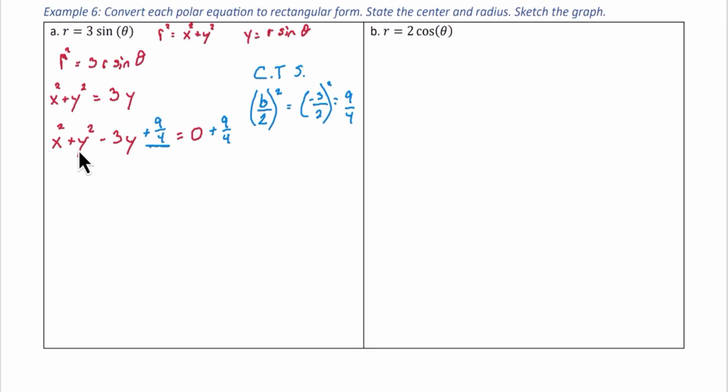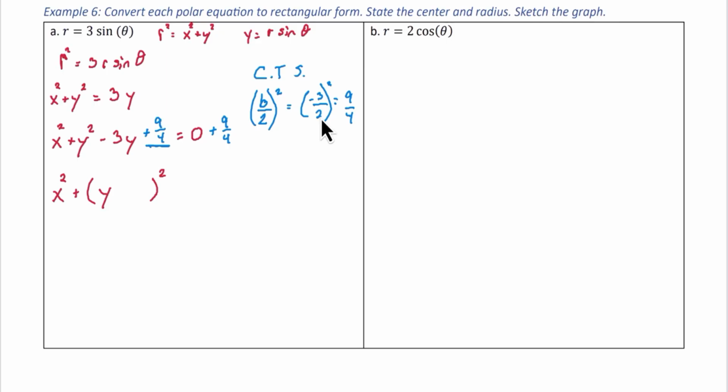So we now have a perfect square trinomial on the y's. X is already a perfect square. The y's we can now factor. We can write this as y something squared. That something is always going to be b divided by 2.